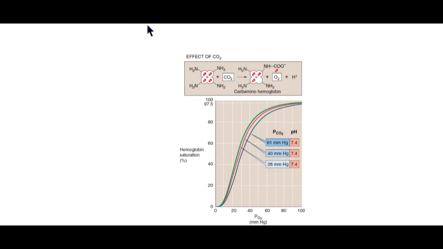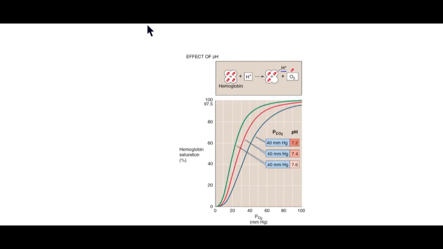But the reason I said pH has a bigger effect is you see that this is looking specifically at the PCO2 staying the same, but your acid is what's changing. So your pH is changing here, but your PCO2 is staying the same. And you see that you have a pretty significant shift to the right when you drop that pH to a lower value. Okay, and that's because of the buffering capacity of your hemoglobin.